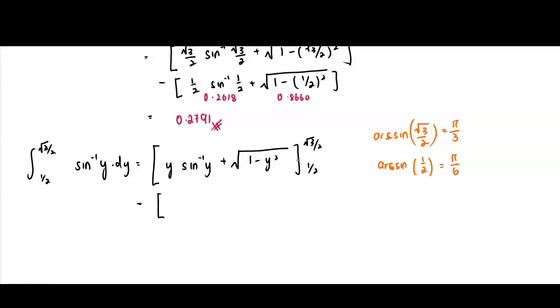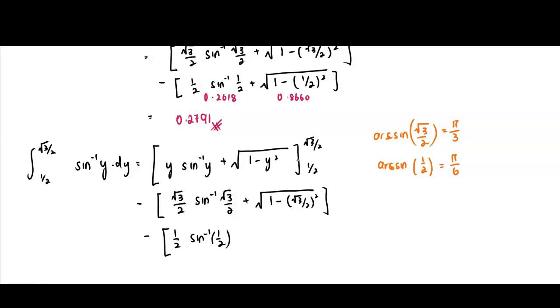So let's try putting this in. What do we get for the first one? Here y is going to be root 3 over 2, no difference. Arcsin root 3 over 2 plus the square root of 1 minus root 3 over 2 whole thing squared, minus half arcsin half plus the square root of 1 minus half squared.